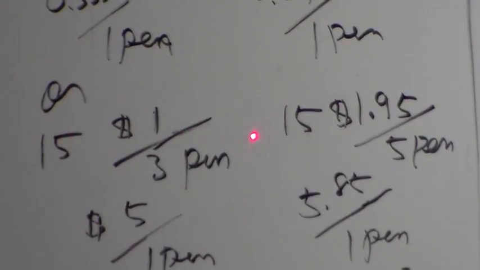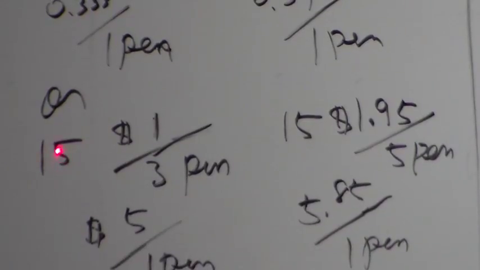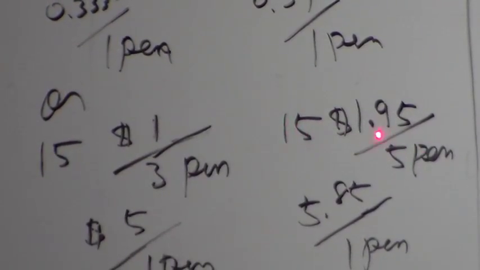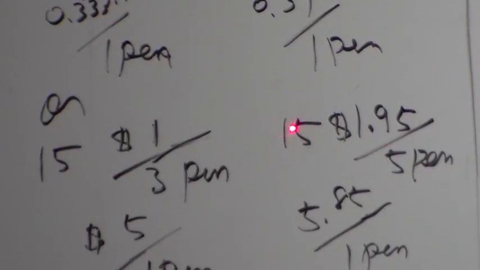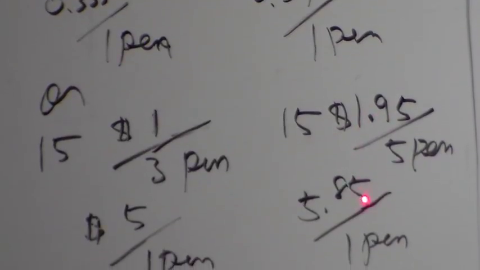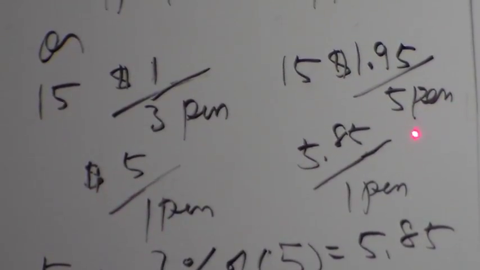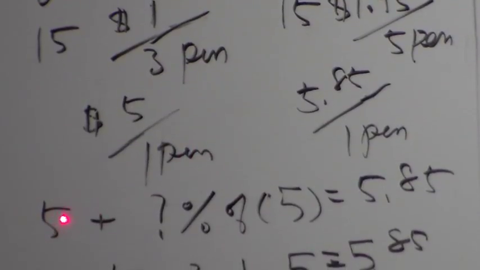That's okay, because math is equal opportunity. 15 divided by 5 is 3, right? Then 3 times 195 is 585. So once you look at this, 1 pen costs $5, 1 pen costs $5.85. Very simple expression, then we can figure it out.